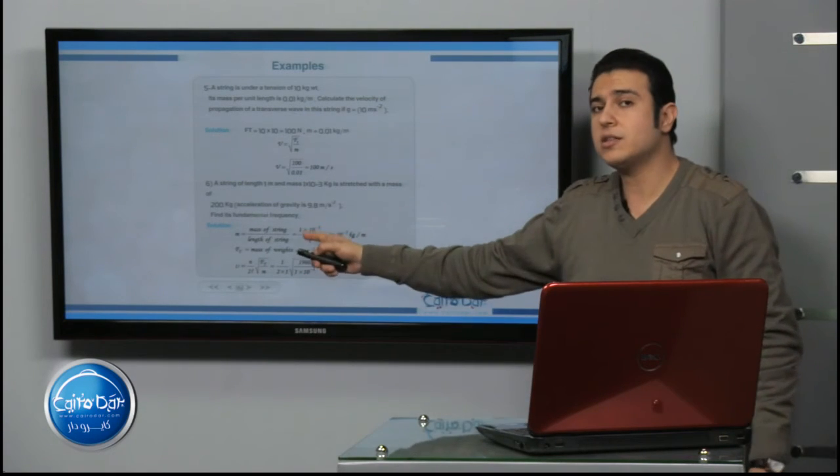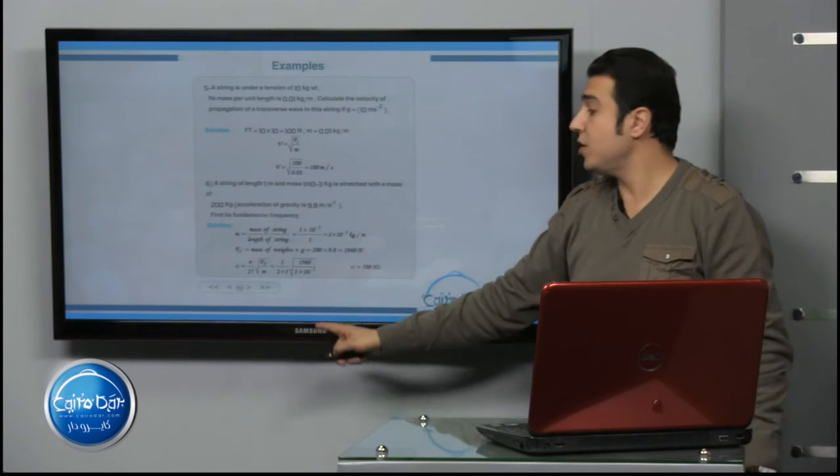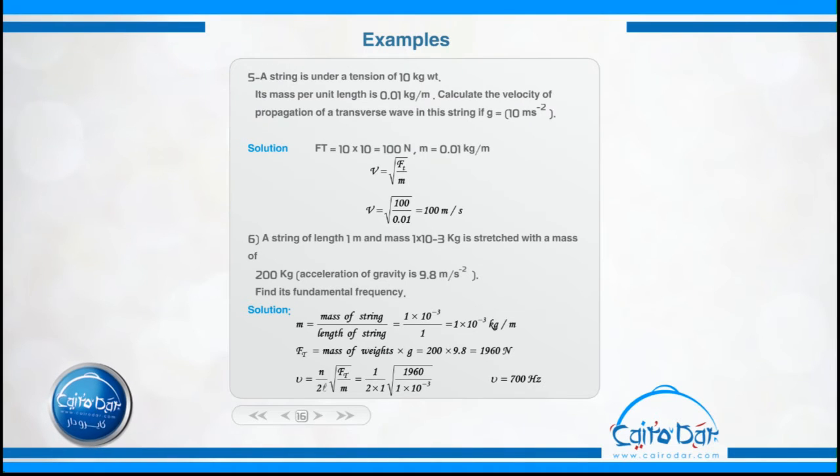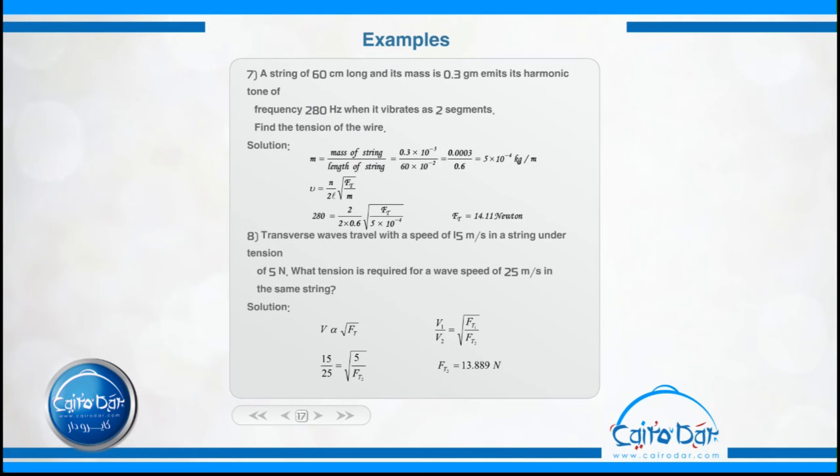So 1 divided by 2 times 1 times square root of 1960 divided by 1 times 10 power negative 3. So the frequency nu equals 700 hertz.